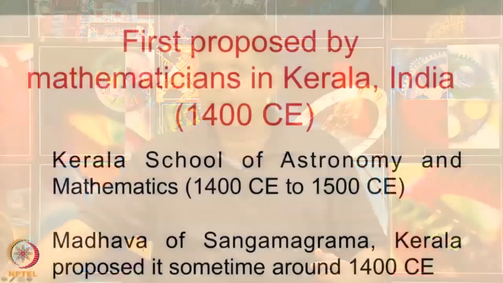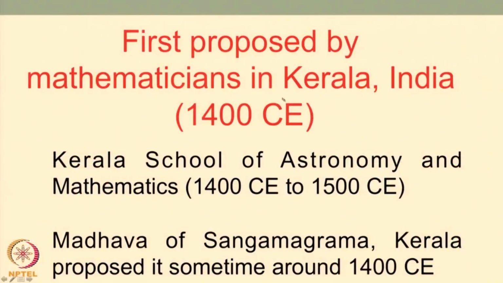It was first proposed by mathematicians in Kerala, a part of South India, around 1400 CE. Of course, we may not know the exact date, but the manuscripts that we now have from Kerala, as old as 1400, 1500 CE, describe the infinite series of sine, cos and all that.